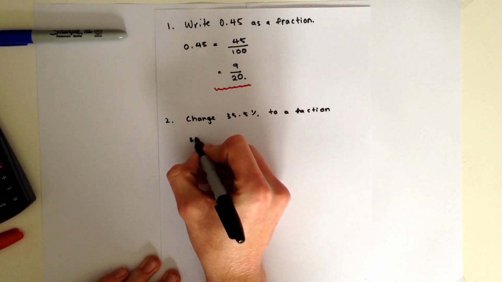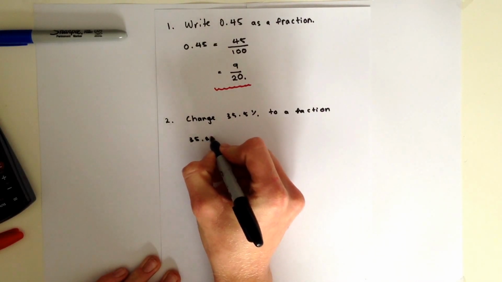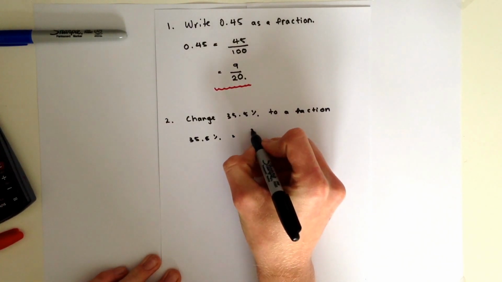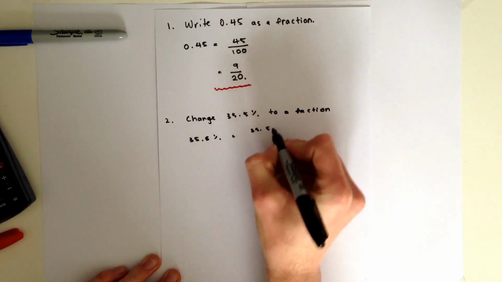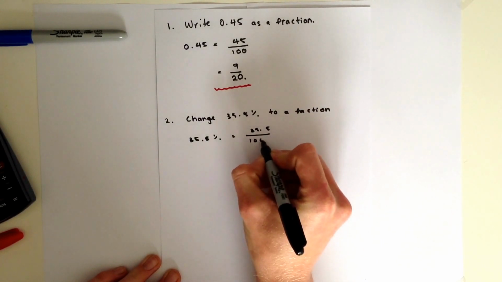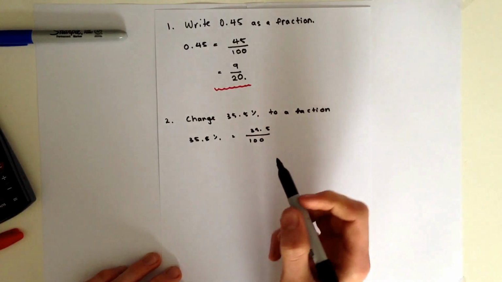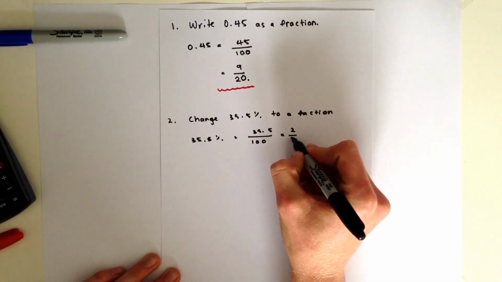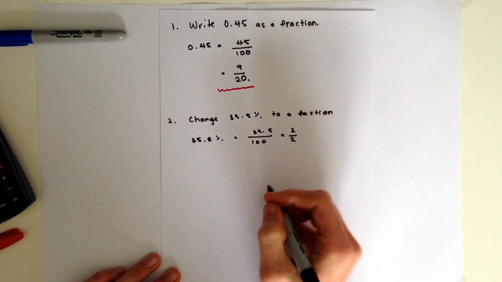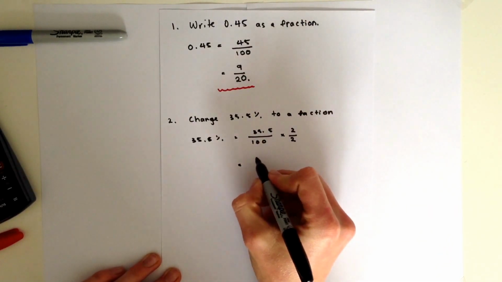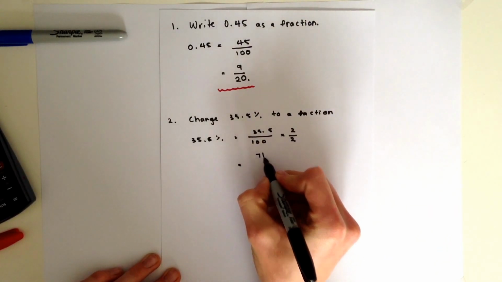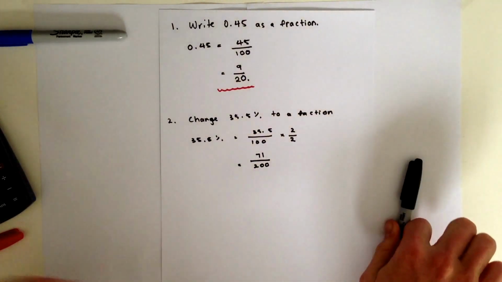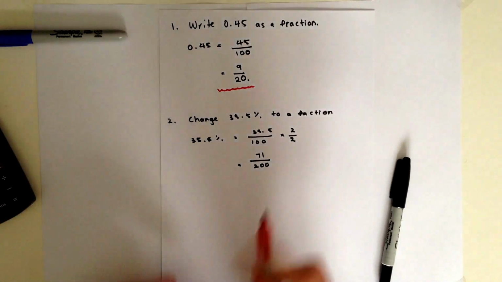Well, 35.5% really just equals 35.5 over 100. Now, if we times both top and bottom by 2, we end up getting 71 on 200. And that's our answer.